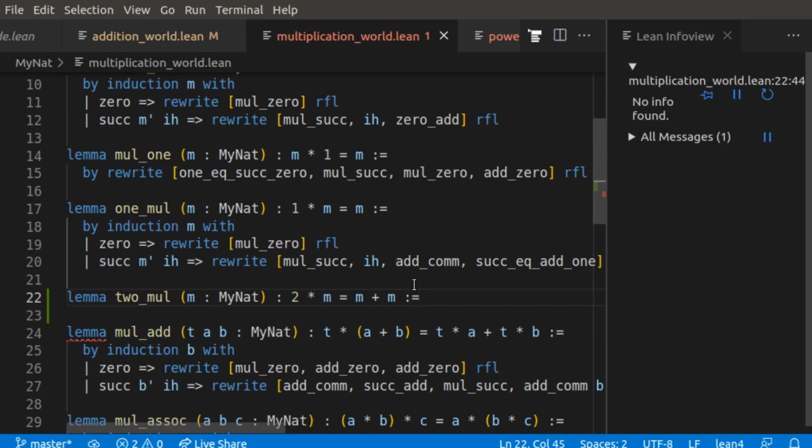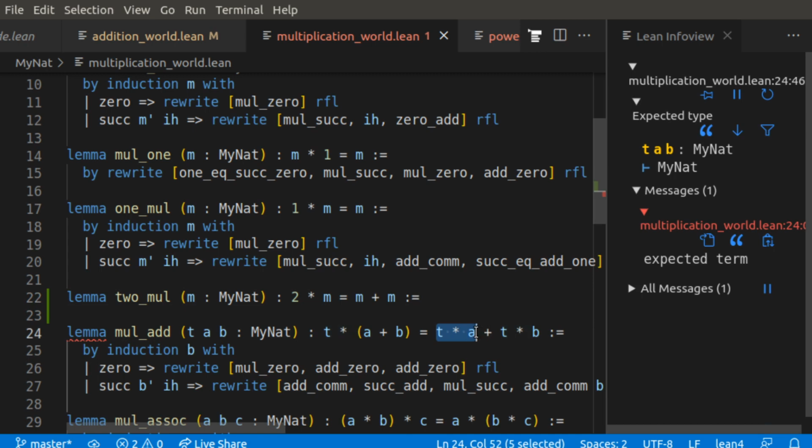I don't even know how we go about proving this though. M plus m. How to relate addition and multiplication. Mol add. Oh, I guess we could do 1 times A plus 1 times, yeah.